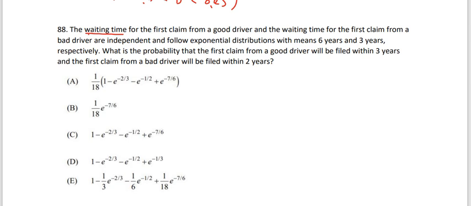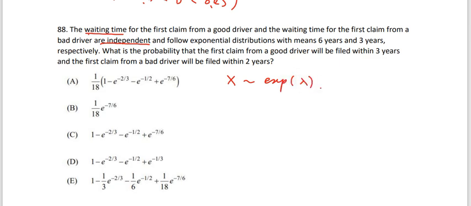So we have two waiting times, from the good driver and the bad driver. Therefore it is an exponential distribution. So we just put X or Y. So X follows an exponential distribution.